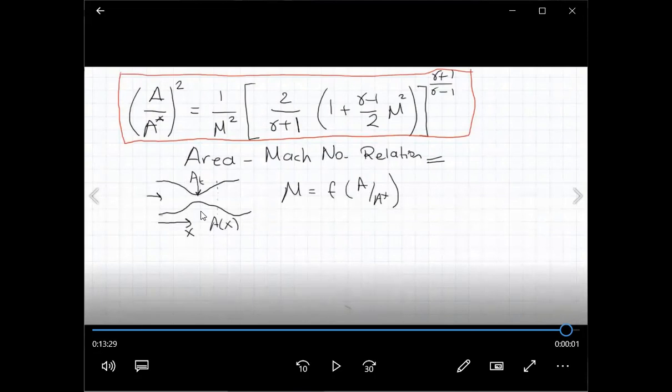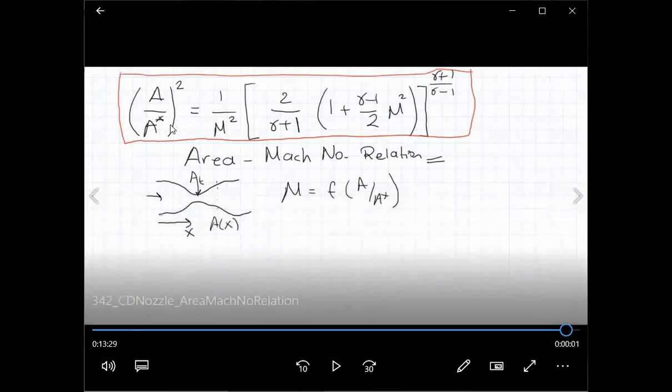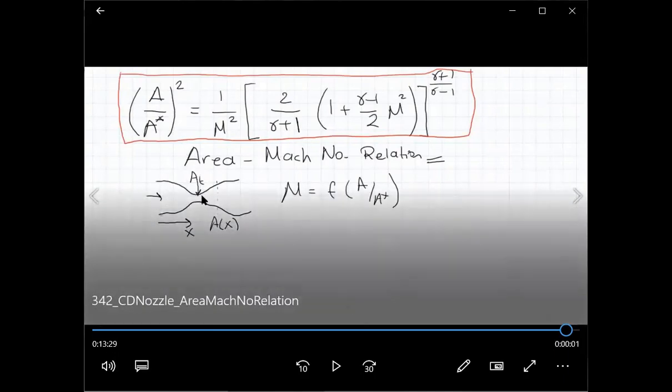But I must say, the phenomenon of choking is one of the most important phenomena in compressible aerodynamics, especially in internal flow of compressible supersonic, or in general, compressible aerodynamics. We will talk about it. But therefore, we need to know what kind of area ratio we will need to choke the flow at the minimum area location.